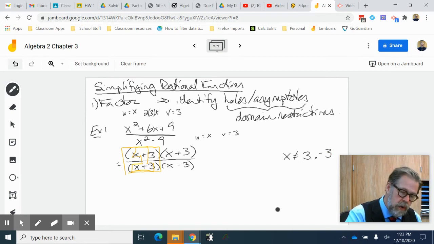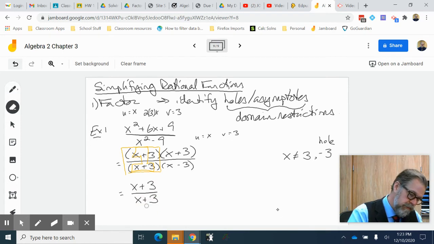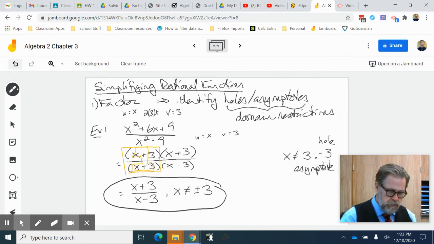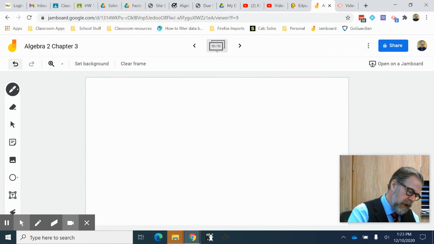I have a hole at negative 3, and what I discover is that, in fact, this simplifies to x plus 3 over x minus 3, so long as x is not equal to plus or minus 3. That's my simplification, and I've got a hole there at negative 3, and I've got an asymptote at x equals positive 3.